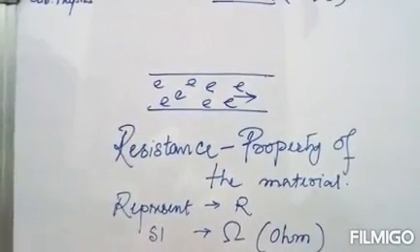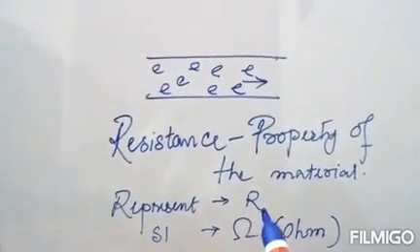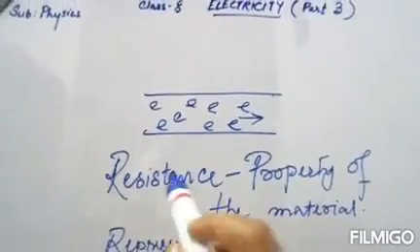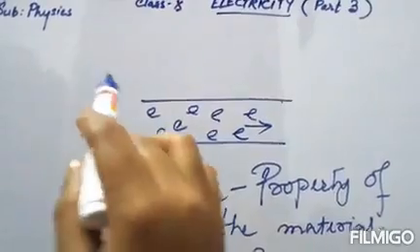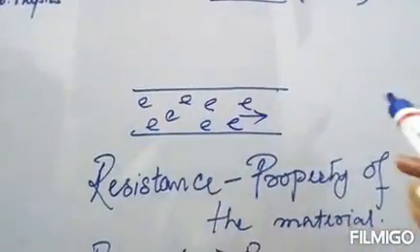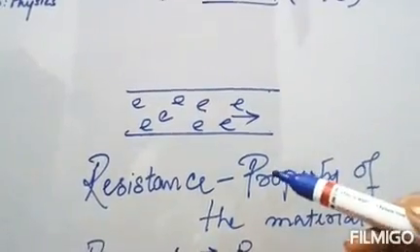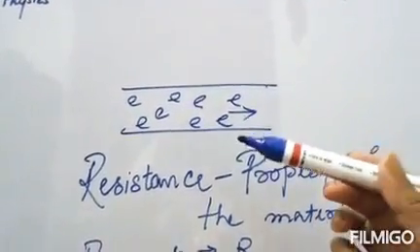Before jotting down the points, I would like you to think about one thing. Suppose you are moving in a crowded lane. If the lane is very long, what will happen? You will face more resistance, more obstruction.